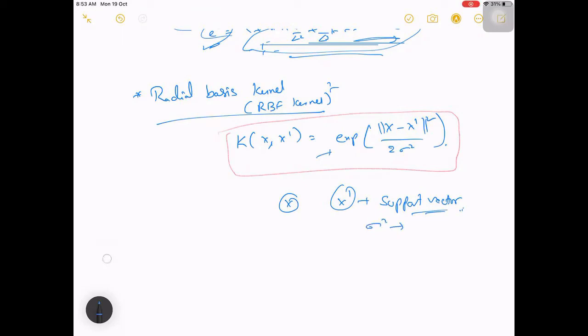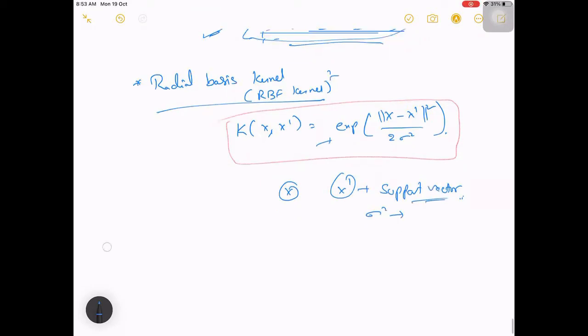With that you actually calculate a dimension here and represent it in this form: previously it was x, and now you represent it as e power minus (x minus x dash). This is actually a distance: how far is that point from the support vector. So that is the significance of it.